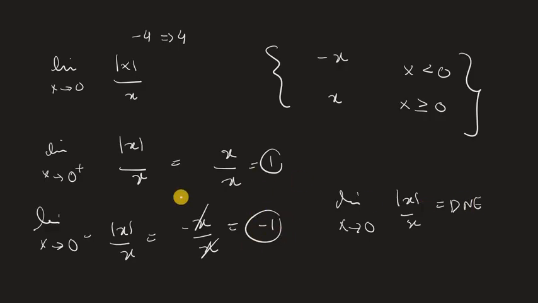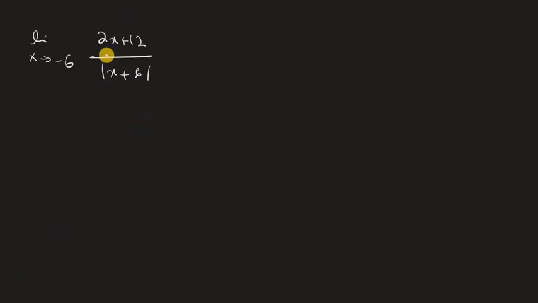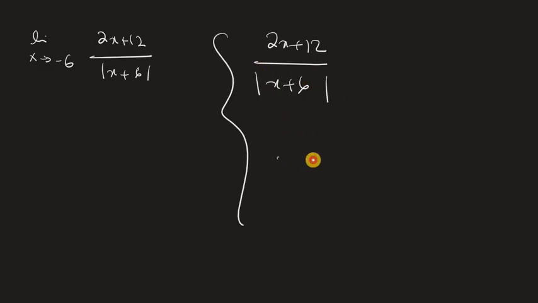Okay, so let's do another problem so it makes more sense. For this problem, you'll do pretty much the same thing. You have 2x plus 12 over x plus 6, and you can remove these absolute value bars.